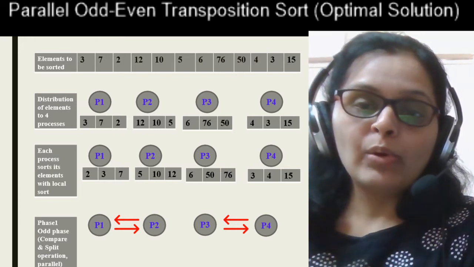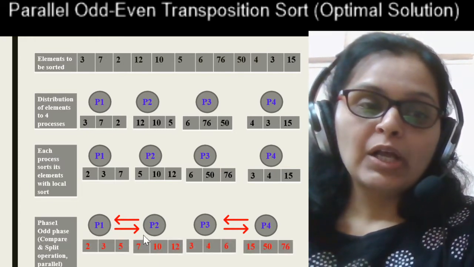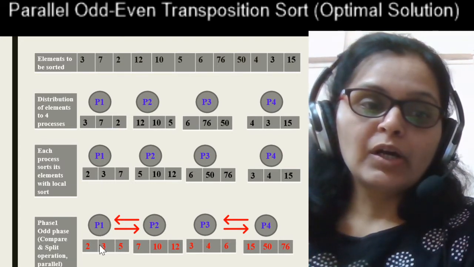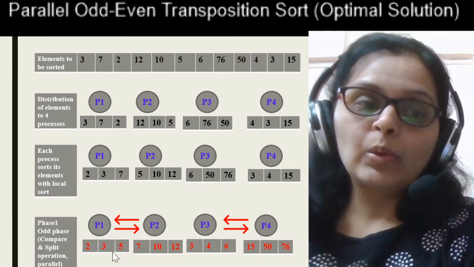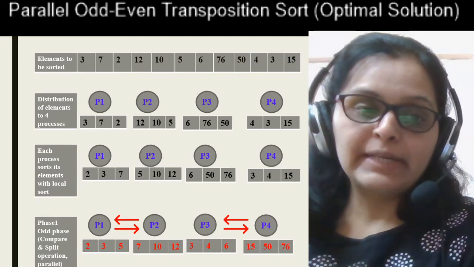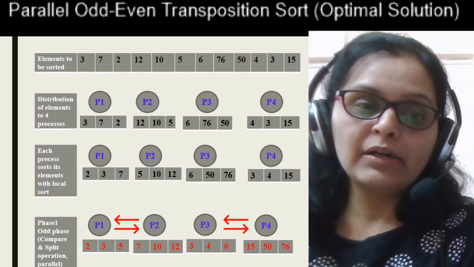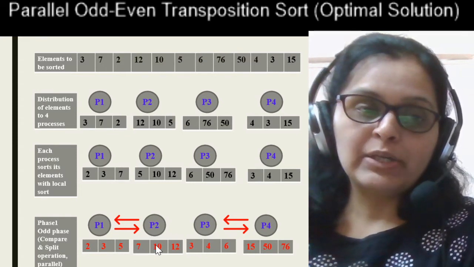And now you know what the compare and split operation is. Just see. Concentrate on this pair, P1 and P2. P1 is retaining the lower half of elements after compare and split, whereas P2 is retaining the higher half of the elements after the compare and split operation.